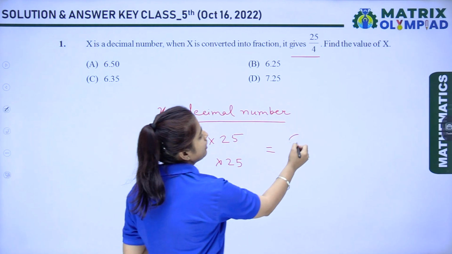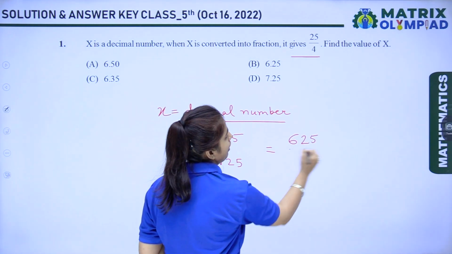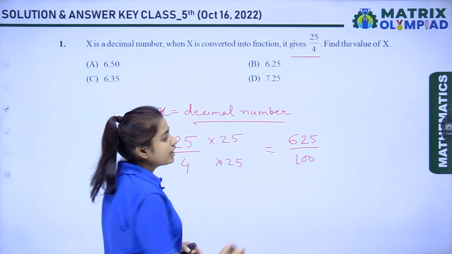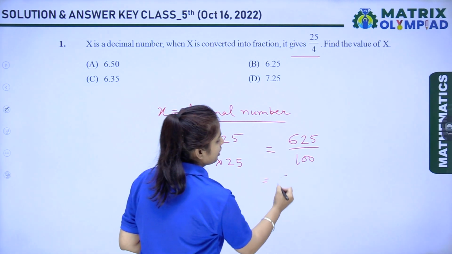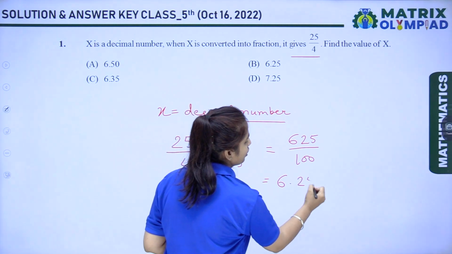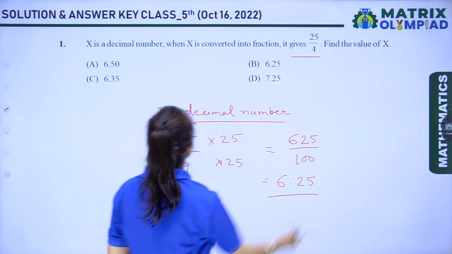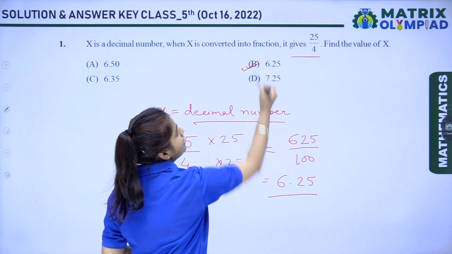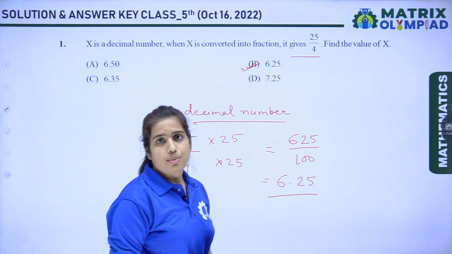So here we get 625 upon 100. After converting this into a decimal number, we get 6.25. So according to the options, option B is the correct option.